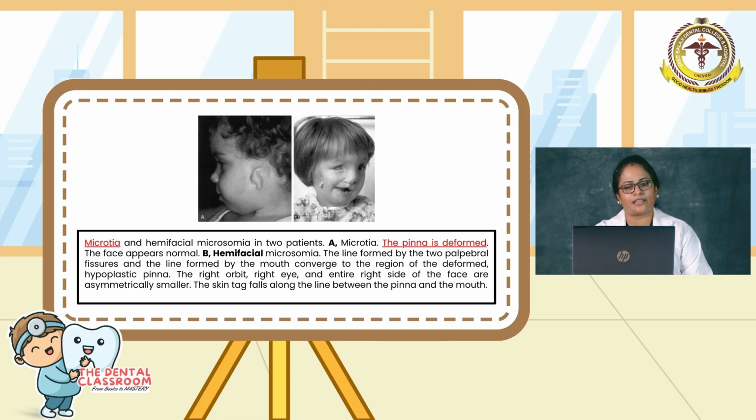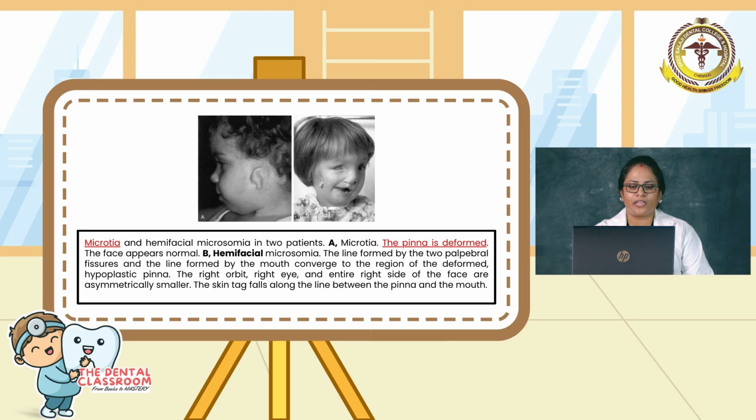So this is another example of craniofacial anomalies. In image A, the child has microtia, the external ear or pinna is clearly malformed, but otherwise the face appears quite normal. This shows a localized defect can primarily affect the ear alone without much involvement of other structures.